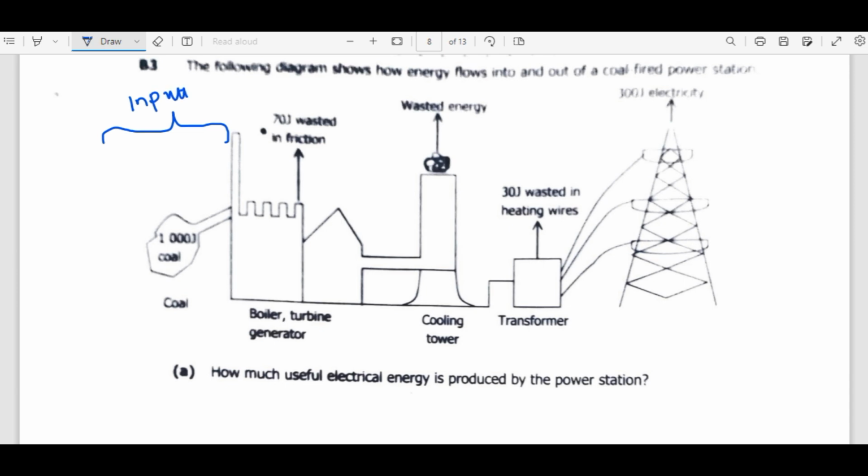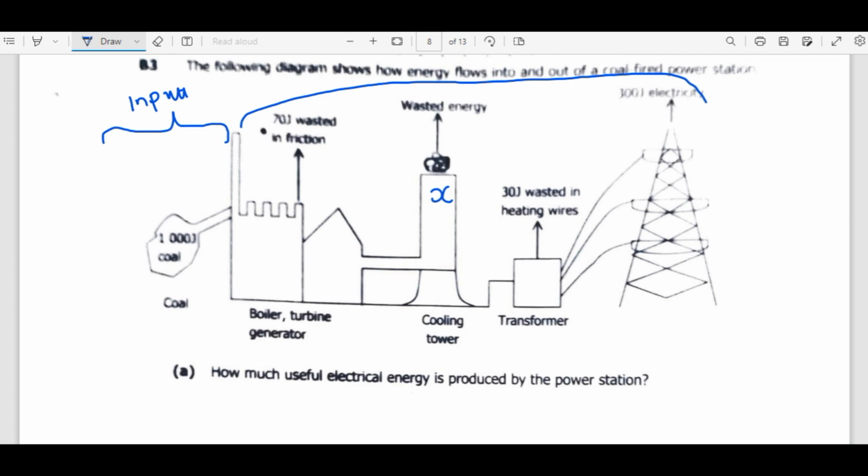Then these are output energy. Now, if you look at the first one, we have boiler, turbine, generator with 70 joules wasted in friction. Then we have wasted energy here. We don't have the number, we can just put X. Then 30 joules wasted in heating. Then 300 joules electricity produced.